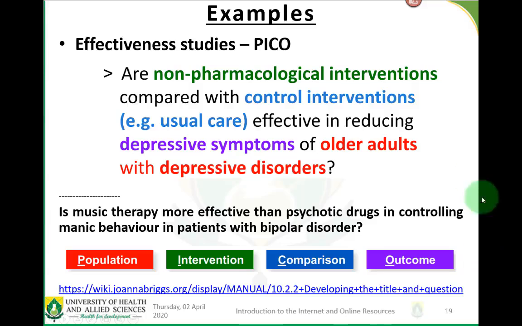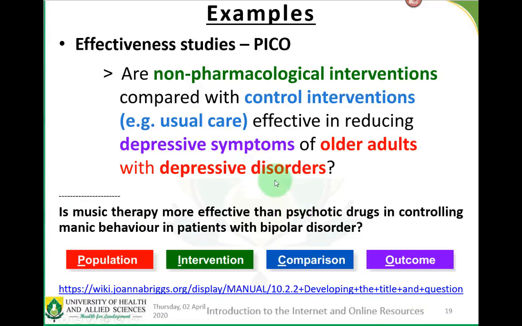Now, I used the Joanna Briggs Institute, the JBI, examples from a systematic review to get you to understand using color codes. But again, under each of these JBI examples, I have also created my own question that I expect you to analyze and see if you can identify the various elements in the mnemonic.